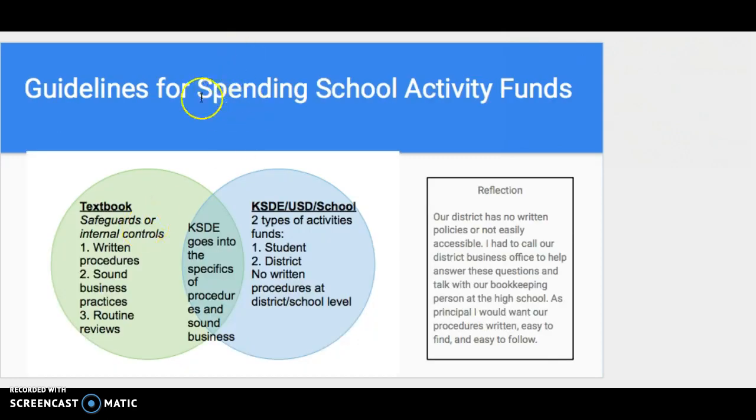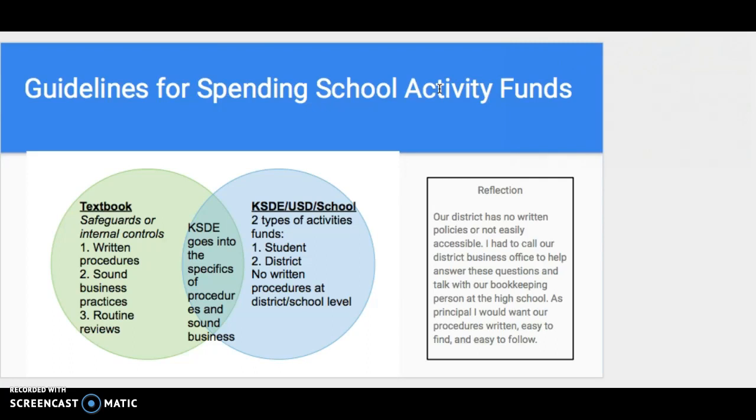So the first one is guidelines for spending school activity funds, and we were asked to compare and contrast our textbook to our state, district, and school guidelines. The textbook had three parts for safeguards: written procedures, sound business practices, and routine reviews.